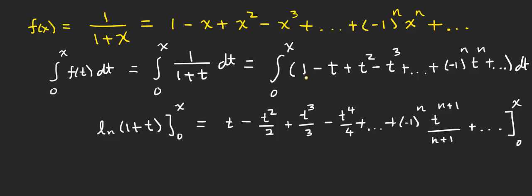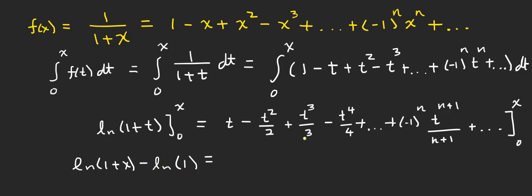Well, the antiderivative of 1 is t, and the antiderivative of negative t is negative t squared over 2, and so forth. And the antiderivative of that will be, negative 1 to the power of n is just a constant, so it will be t to the n plus 1 over n plus 1 from 0 to x. So when you take the integral of that, you get natural log of quantity 1 plus x minus natural log of 1. And you know that natural log of 1 is 0.